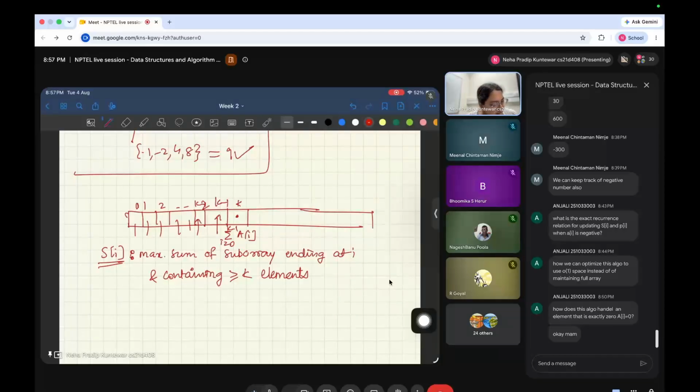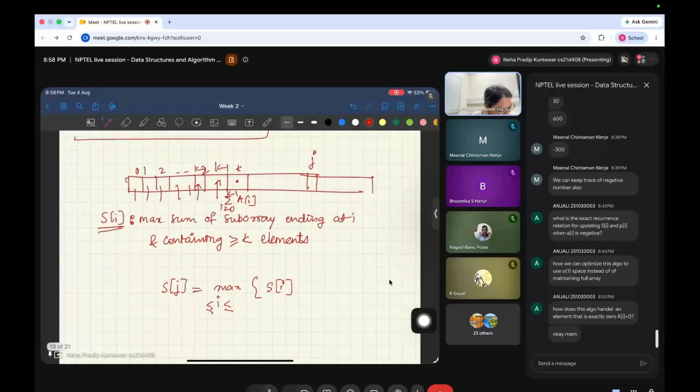So if you are looking at an index j, then the maximum subarray sum will have to be the max of S of i, where i is from, yeah, you have to go at least k steps before this, right?